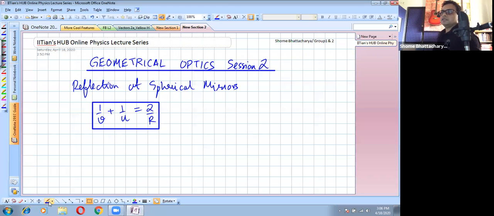And so is r actually. R is the position of the center of curvature with respect to our pole, with the Cartesian sign convention substituted in this. Okay, so continuing ahead, we will understand a little bit more analysis today.